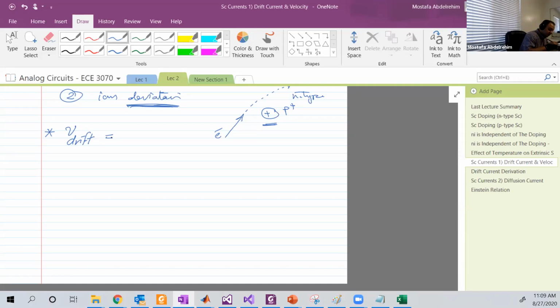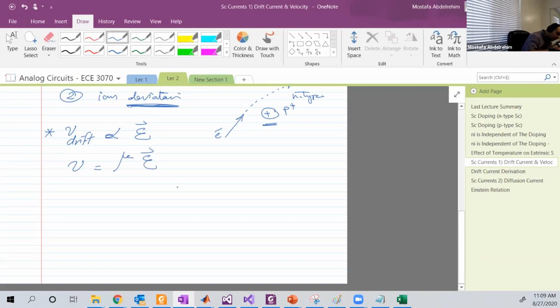So V drift is actually very simple. It is proportional to the electric field applied. Notice that when you have a relatively small electric field, the velocity of the electrons changes linearly with the electric field, and the proportionality constant is called mu.